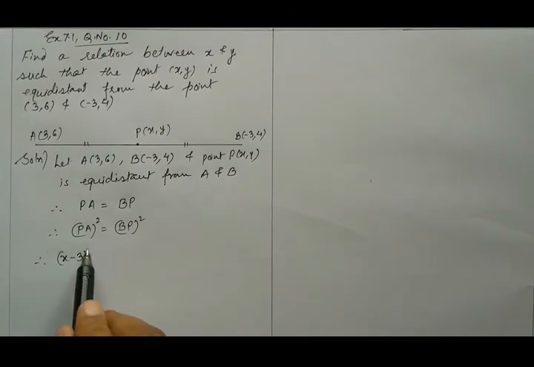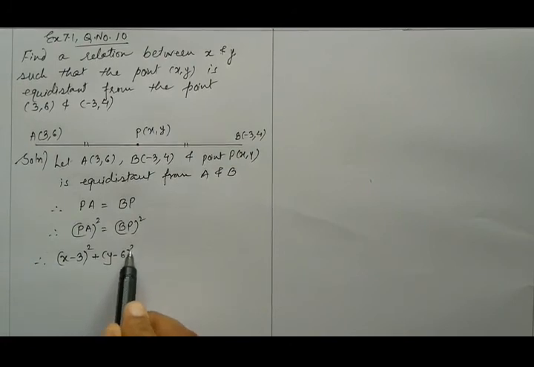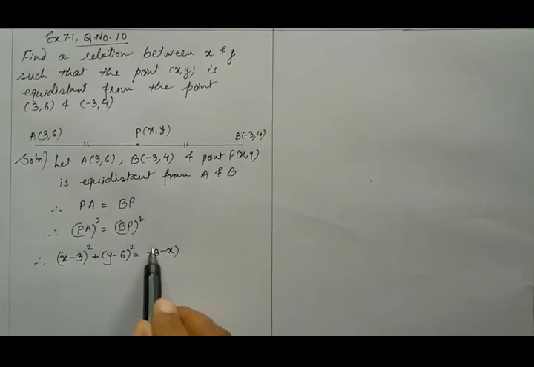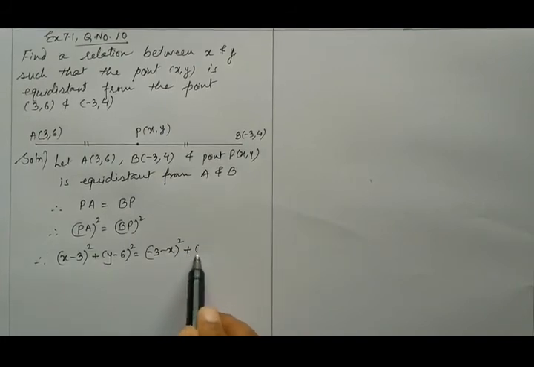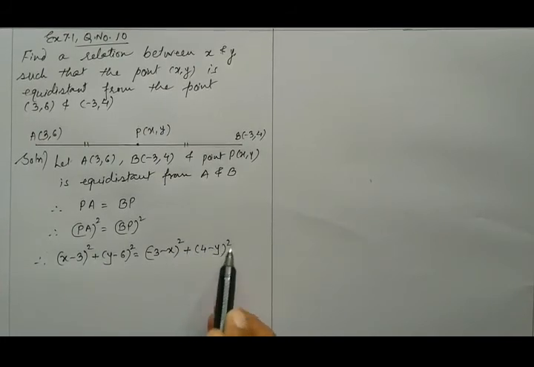So x minus 3 whole square plus y minus 6 whole square is equal to minus 3 minus x whole square plus 4 minus y whole square.